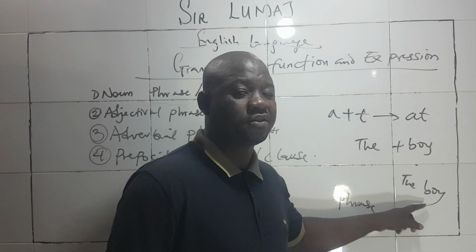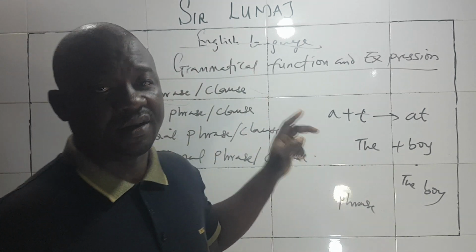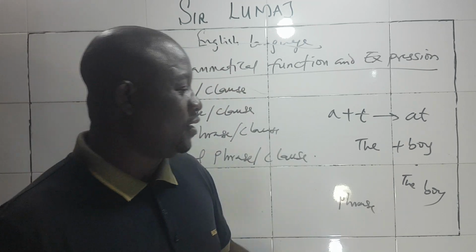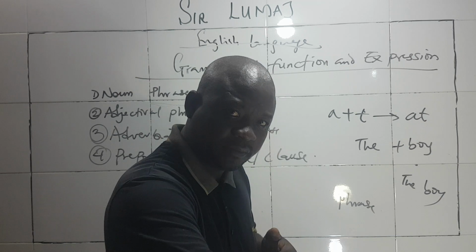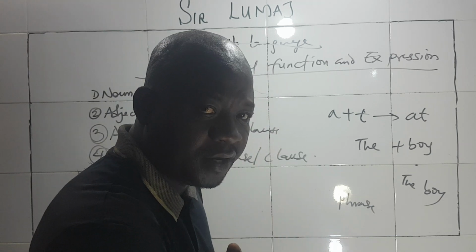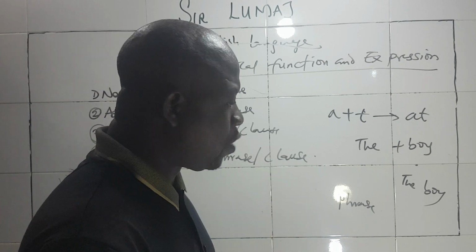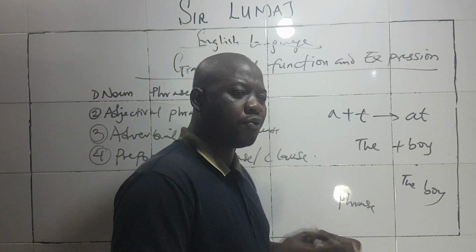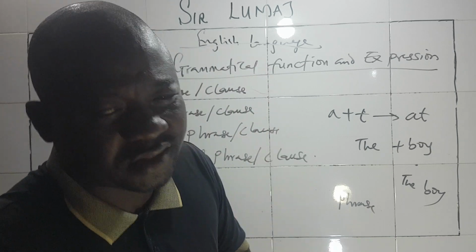Boy is not a verb. Boy is a noun. And when you have a verb as part of the words you are dealing with, that word or those words will no longer be a phrase, rather it will now be a clause.